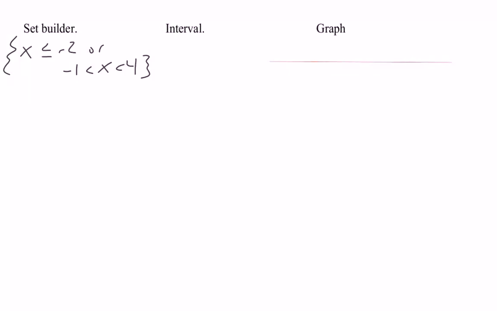This one I ran out of a little space, so sorry. Hope that doesn't bother you too much. I start at -2. It's going to be a filled-in circle because it has the line underneath. And we're saying less than, so that's going to go to -infinity to the left. And then I want to go from -1 to +4.